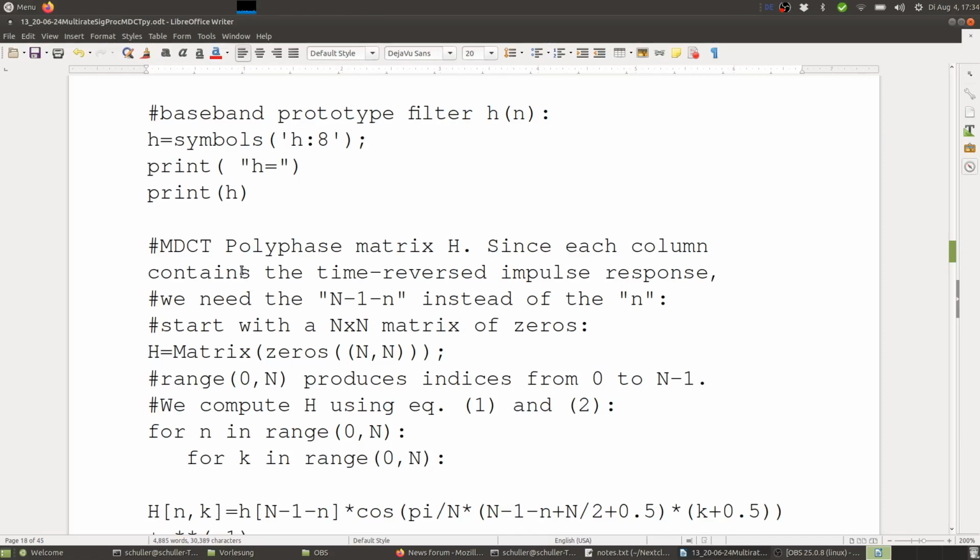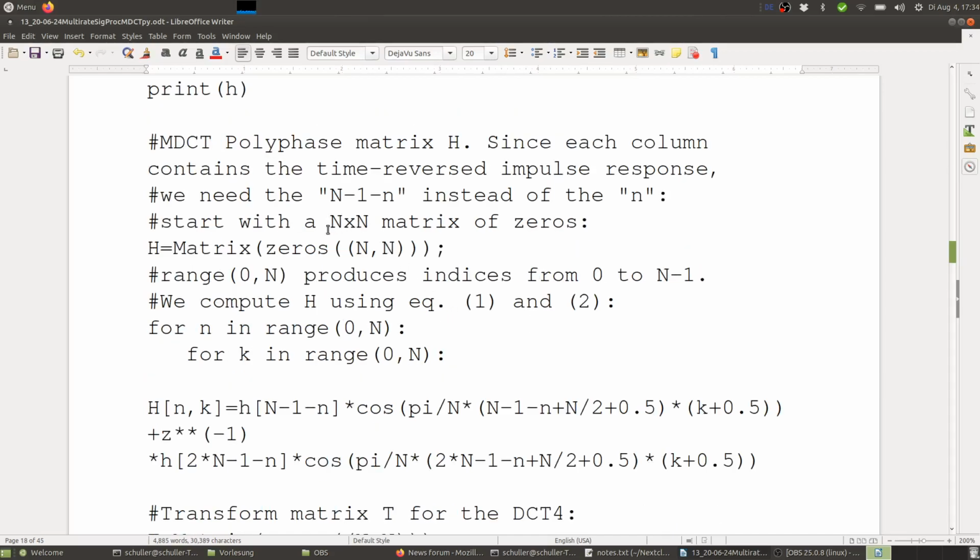And here we construct the polyphase matrix. So each column contains the time-reversed impulse response. So that's again, we need the n minus 1 minus n. Here we initialize the matrix by zeros. Capital Matrix means it's a matrix of SymPy, a symbolic matrix.